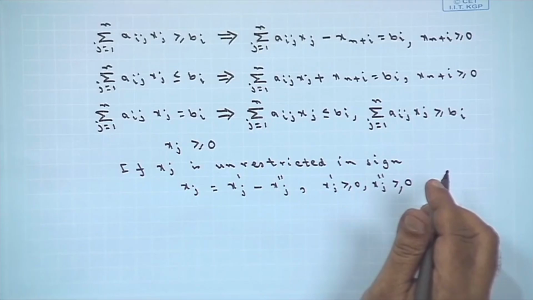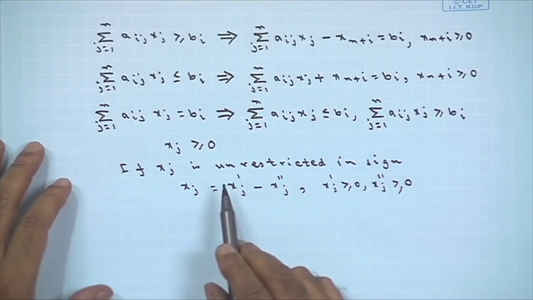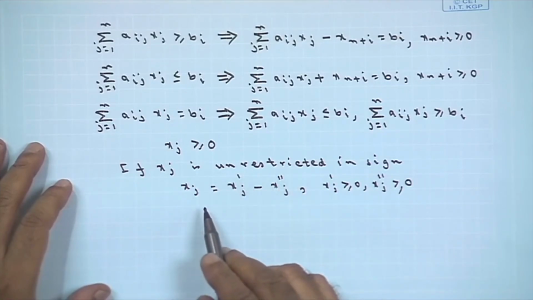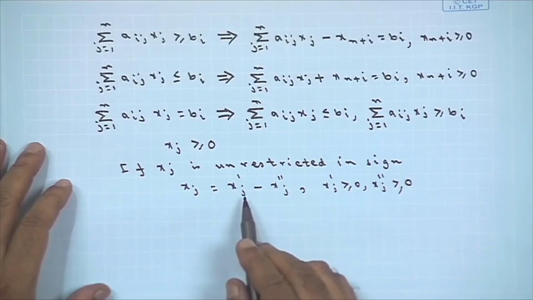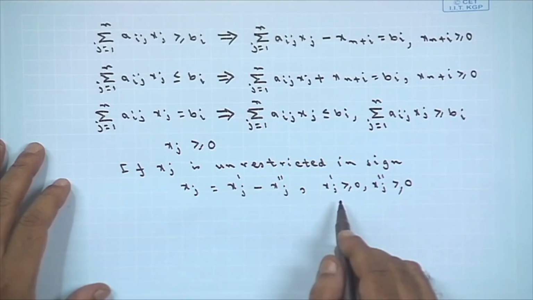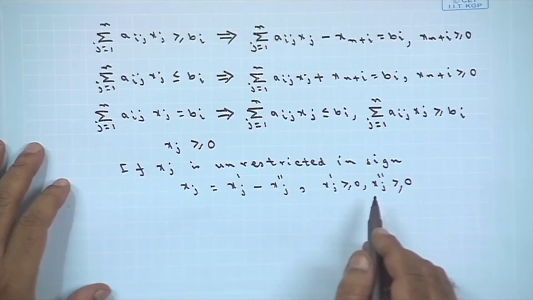So, please note that whenever I have an unrestricted sign variable, I can convert it into xj dash minus xj double dash, where both are greater than equals 0.